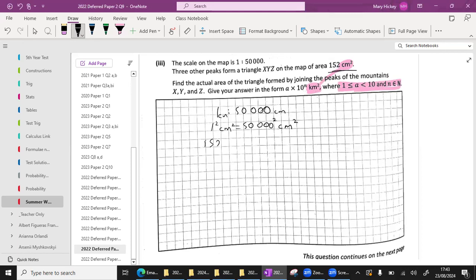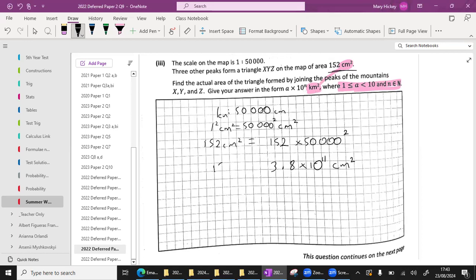So if I want to make this 152, I need to multiply 152 by my 50,000 squared. So let's see where that gets us. So 152 multiplied by 50,000 squared. Now that's coming out at 3.8 multiplied by 10 to the power of 11 centimeters squared in reality.